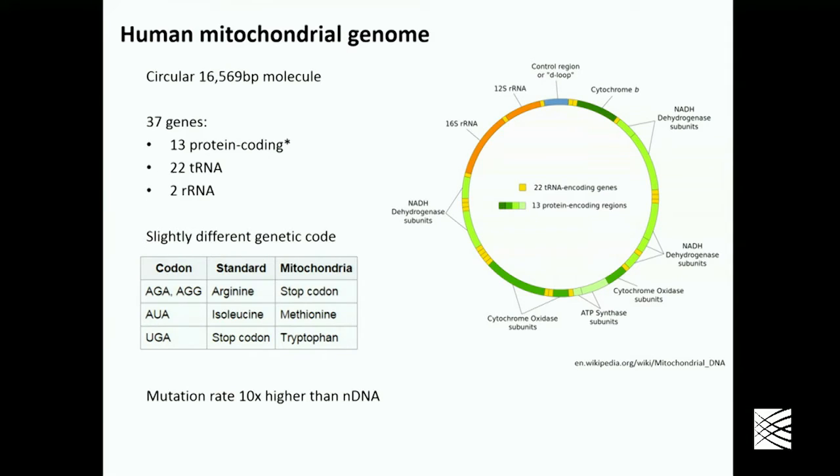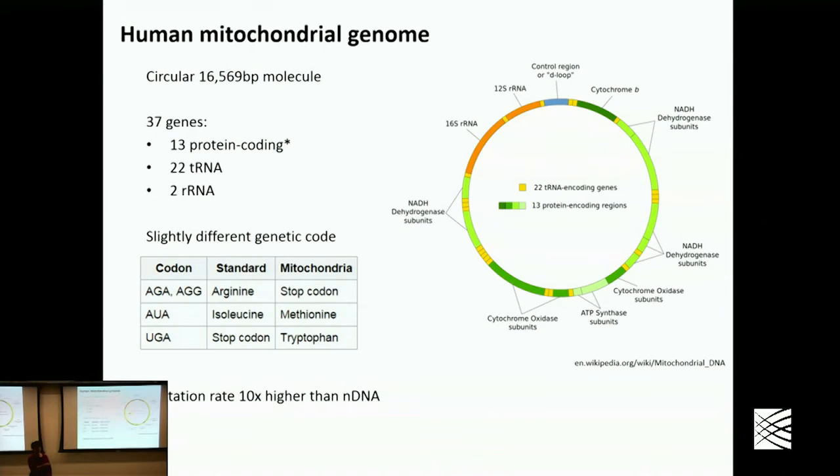Typically, this is showing in the D loop up here. There are areas here that are hypervariable, very different, either in somatic evolution or among people. And this is why when sequencing was hard and expensive, people would just sequence this tiny little bit of the mitochondrial genome to look at ancestry, because it is very different among people. So this is the human mitochondrial genome.